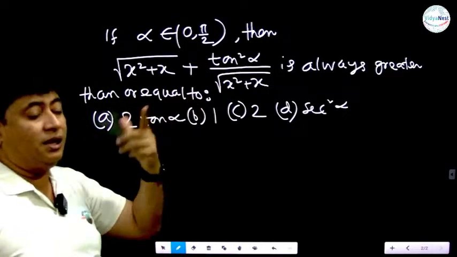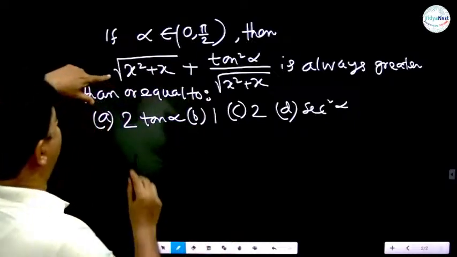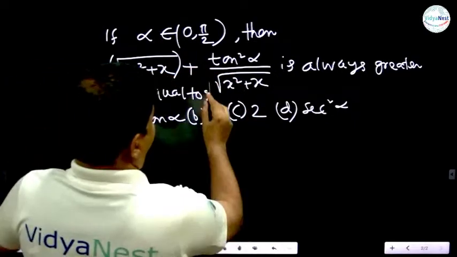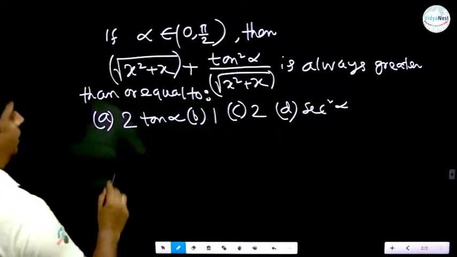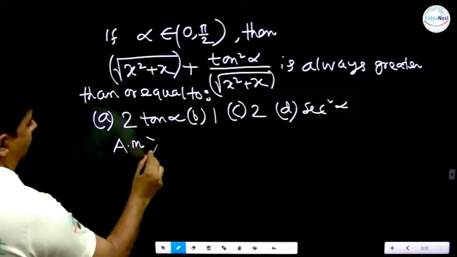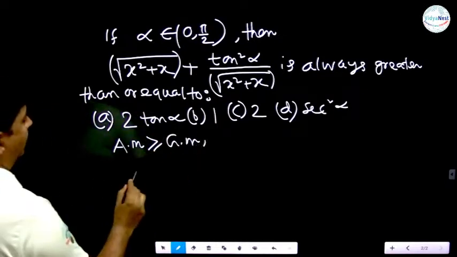This sum is related to arithmetic mean greater than or equal to geometric mean. Why? Because this term and its reciprocal terms are there. So you apply AM greater than or equal to GM, you will get what?